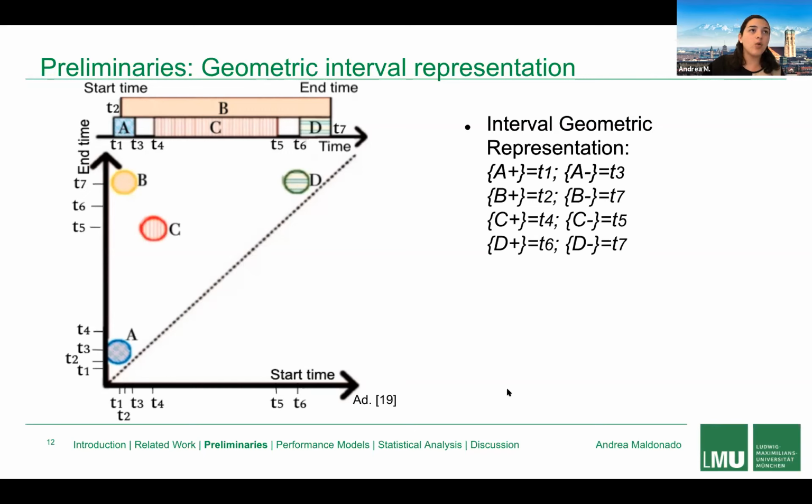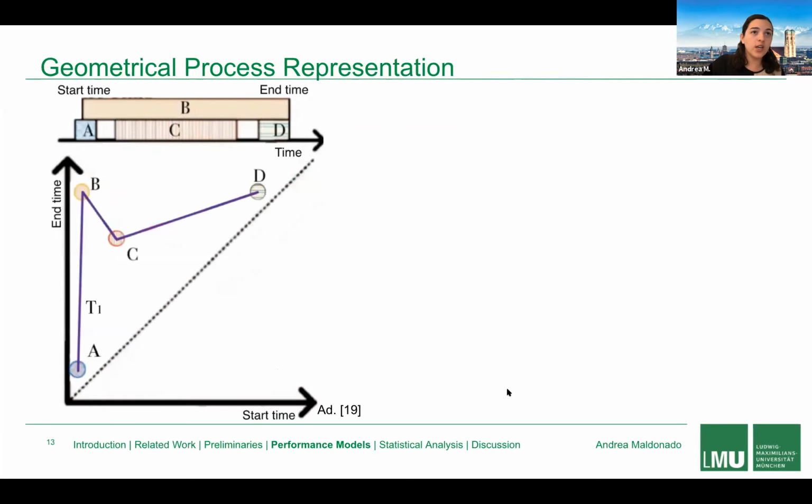We could say now that each of these intervals is also an event, and A, B, C, and D could be the activity IDs. So what is missing is thinking about the link between these points to represent a trace. And what we do here is draw a line between the points, representing that they belong to the same trace, ordered by the starting time.